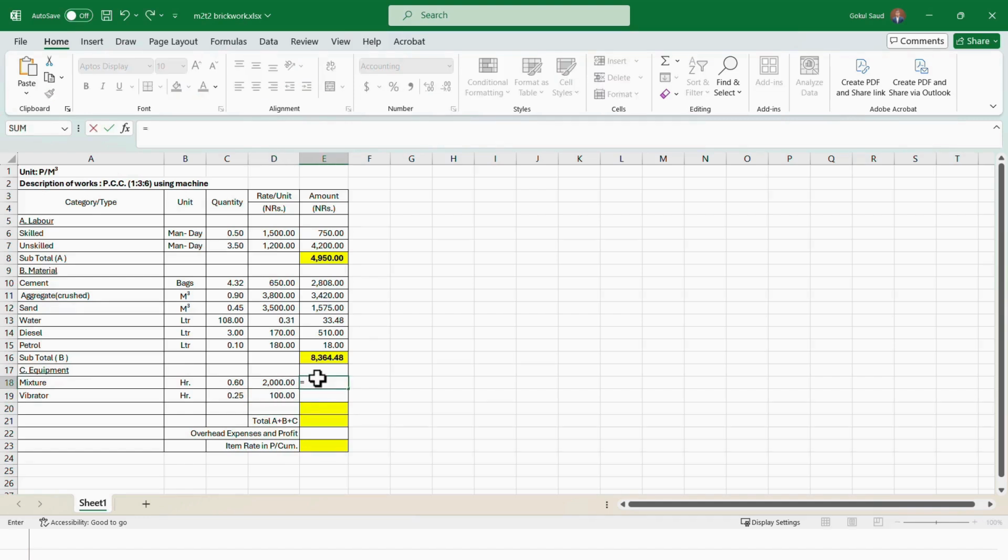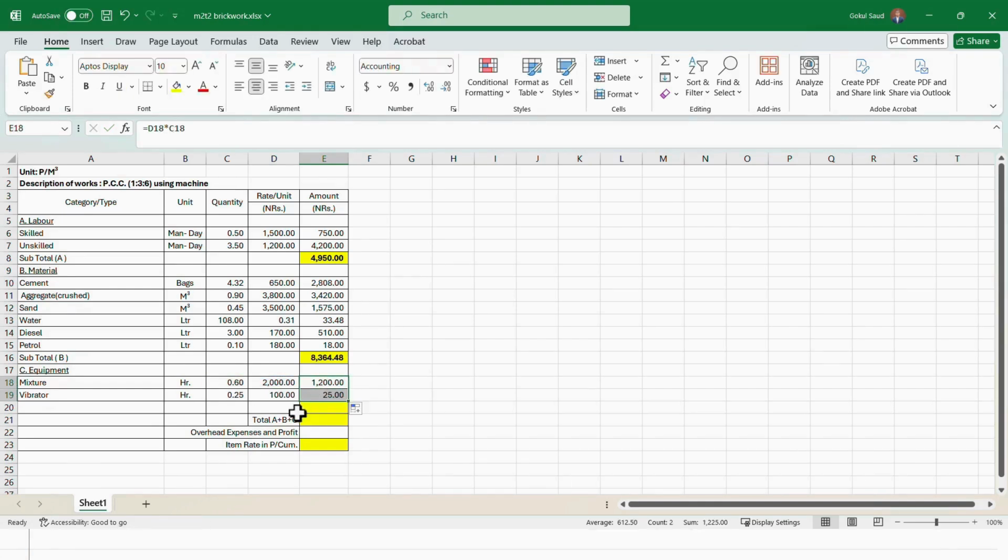And again, let's do the calculation, times, and then we add this. So the total is this plus this plus this.